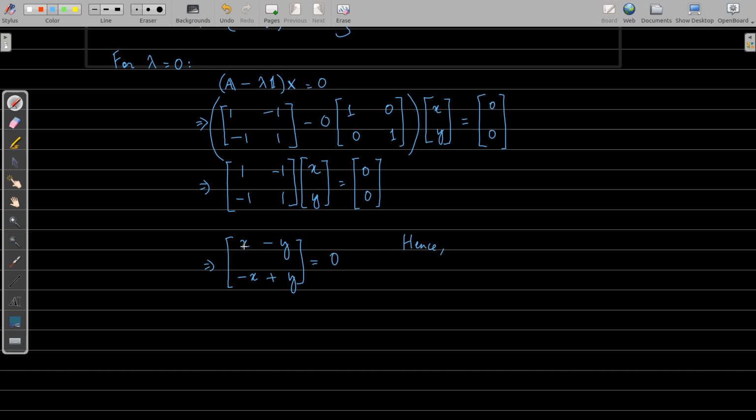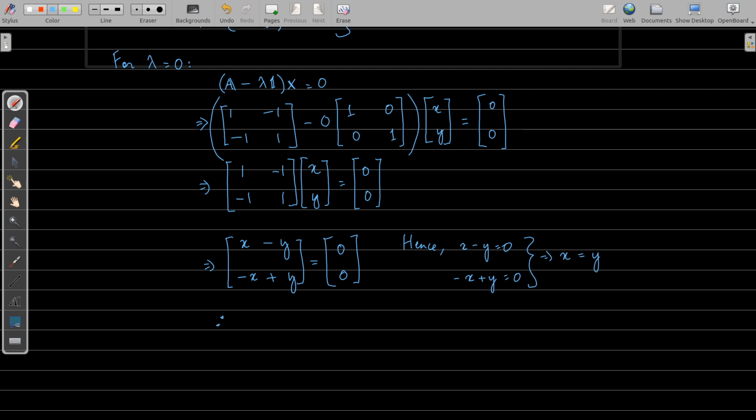When I say 0, we mean a 0 column matrix, 0, 0. That means this row must be equal to 0, so x minus y must be equal to 0, and also this row must be equal to 0, so minus x plus y is equal to 0. From both of these, we conclude that x must be equal to y.